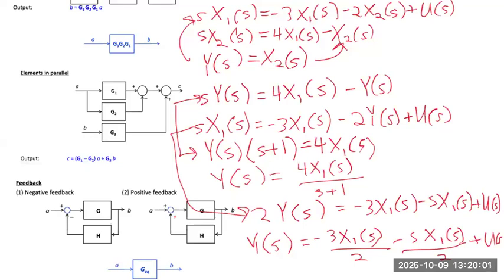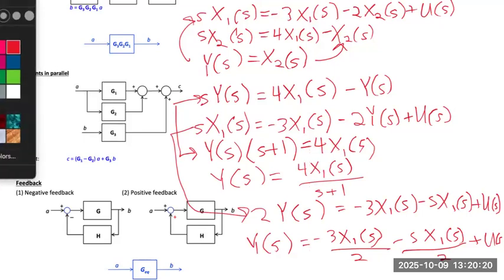So I guess these two equations over here, which are these ones? Hold on. Let me see if I can annotate this.